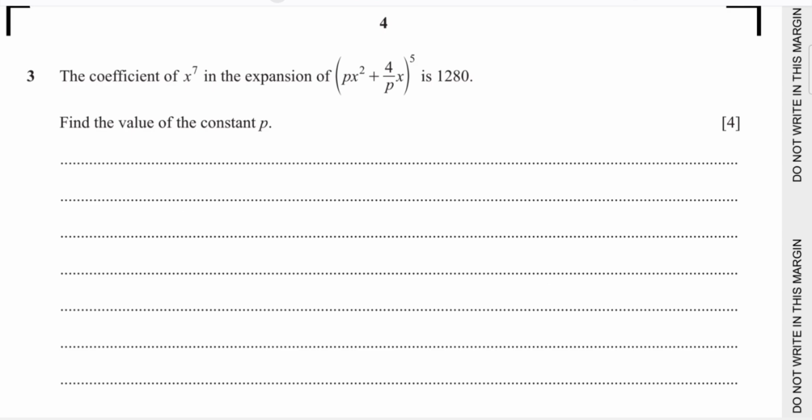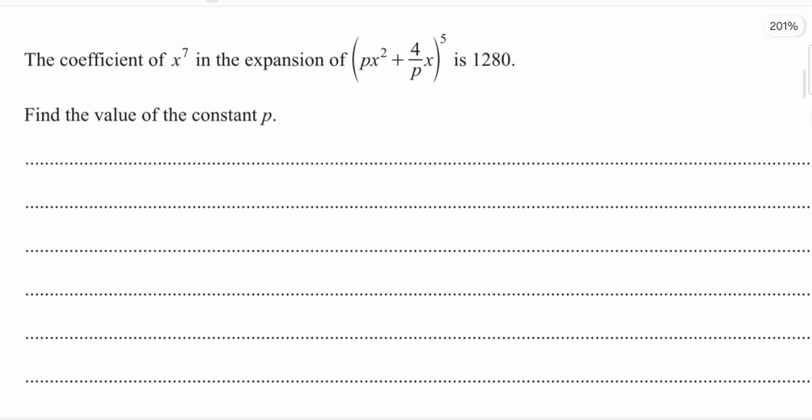So for us to get the coefficient of x to the 7, we have to choose a certain number from 5. But we don't know that number yet, so we're going to try and make an equation out of that.